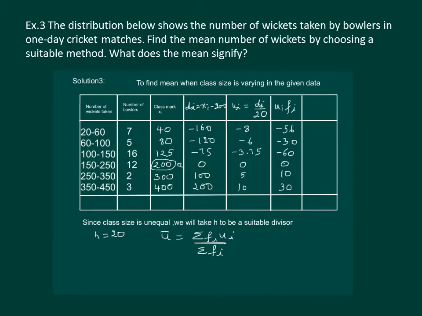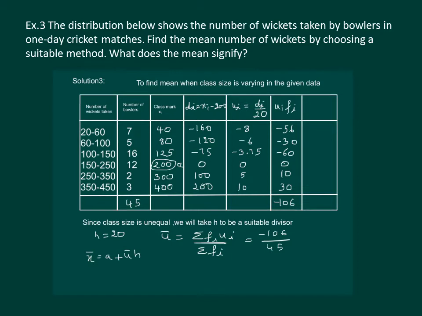Sum of the frequencies is 45. So our denominator is 45. And the sum of ui into fi is minus 106. So the numerator is minus 106.